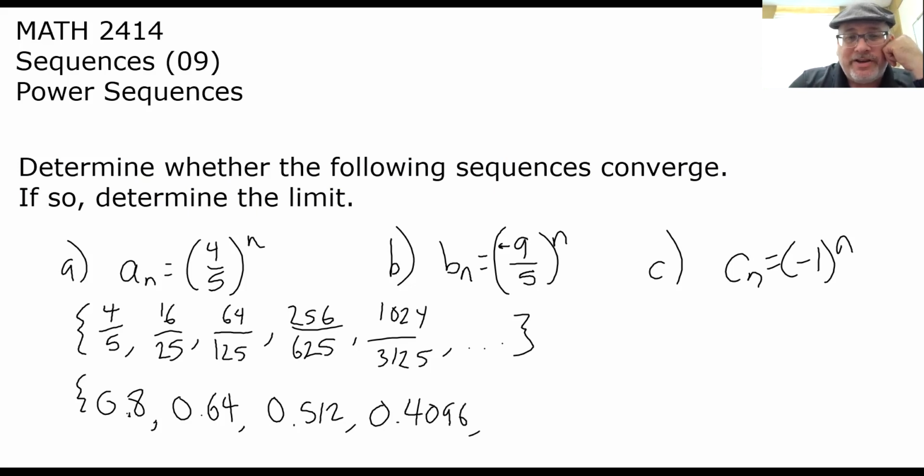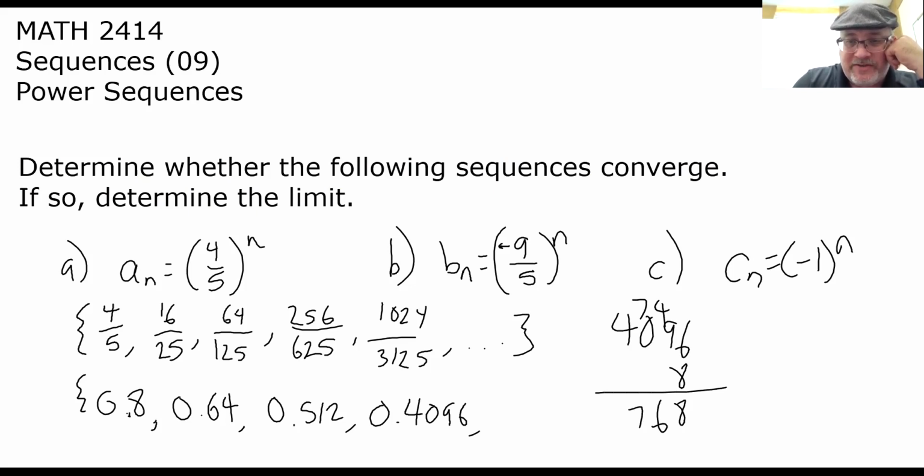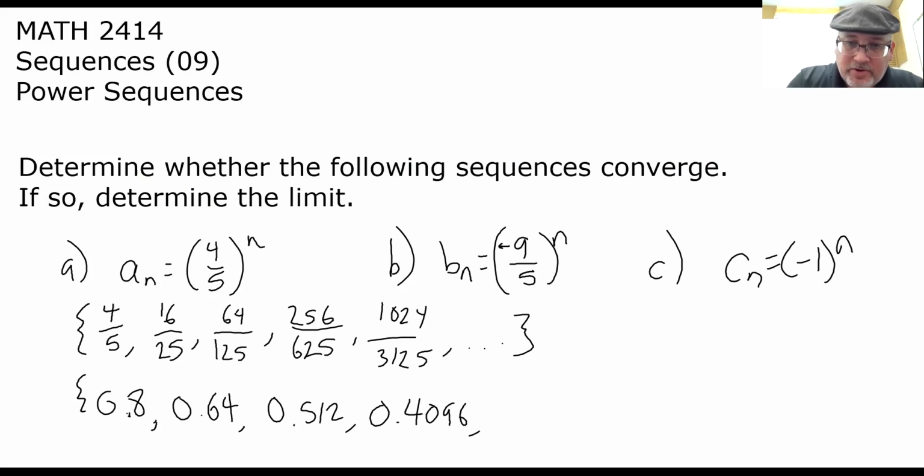And then if we did it again, we would get something even smaller. 8 times 4 is 32, carry the 3, 8 times 9 is 72, 75, 0.32768.